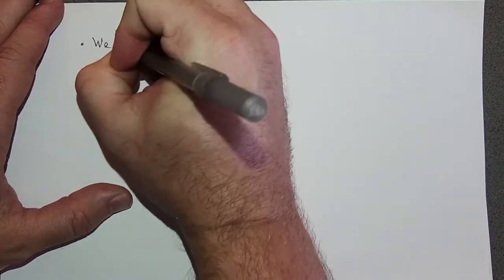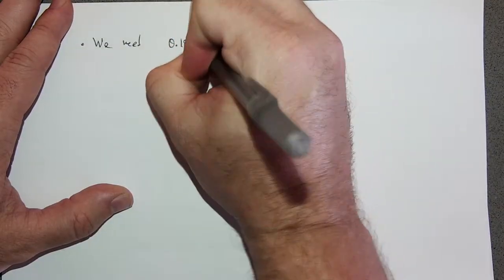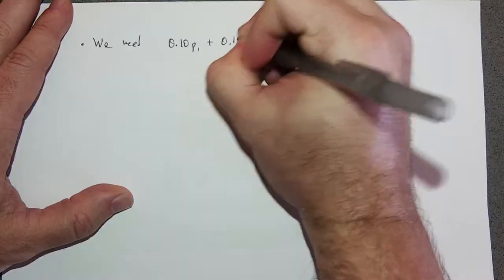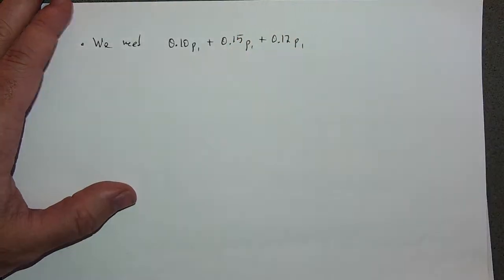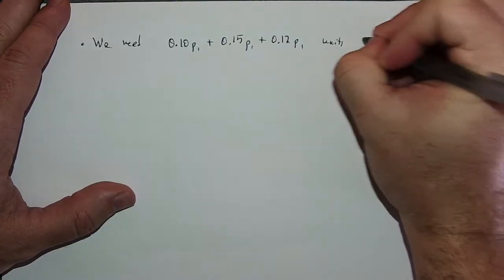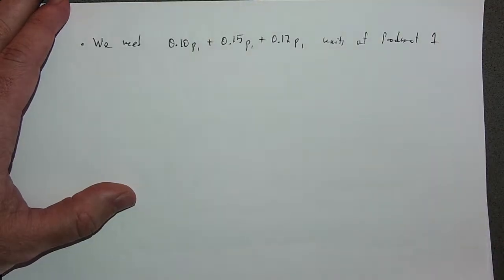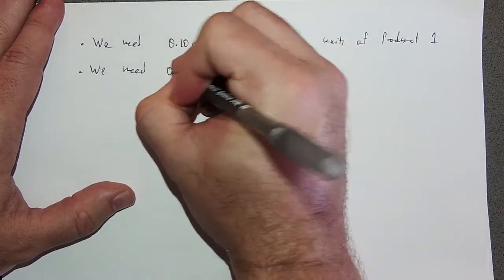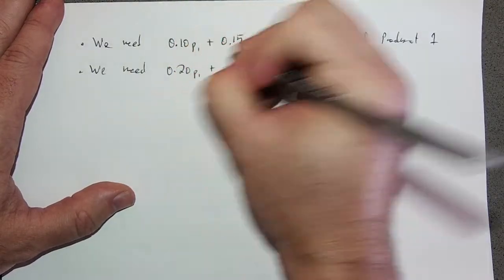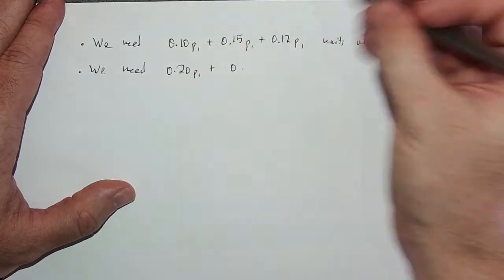I get that we need 0.10 P sub 1 plus 0.15 P sub 2 plus 0.12 P sub 3 units of product 1.